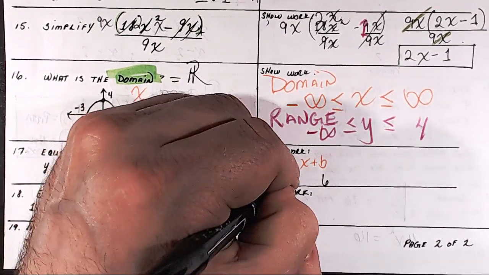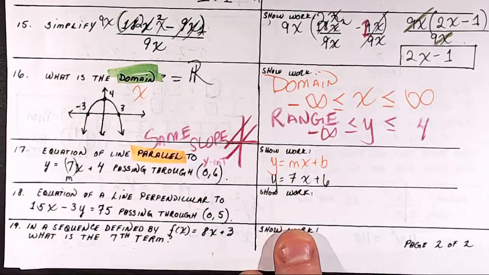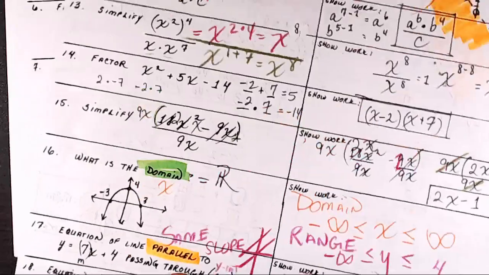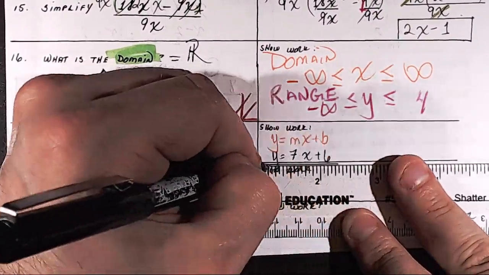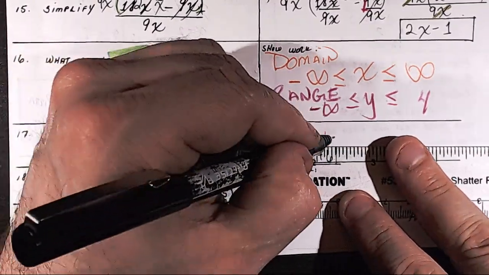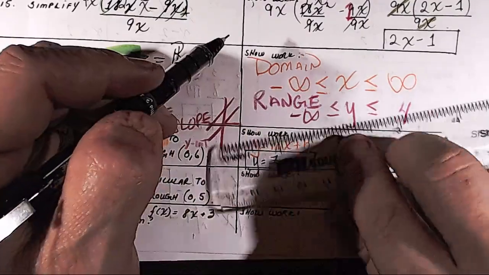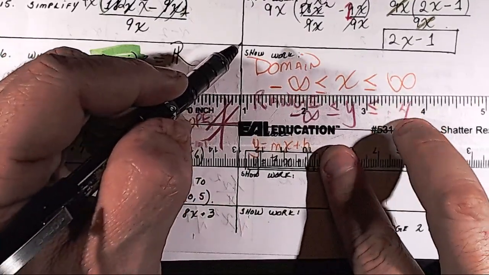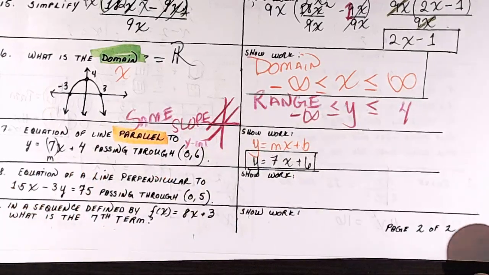So y equals 7x plus 6 is going to be the equation of the line parallel. Put that in a box. Okay. This whole thing was the thing to box up in the other problem right there.